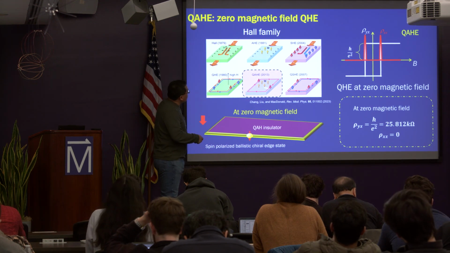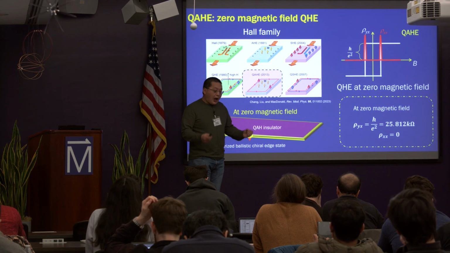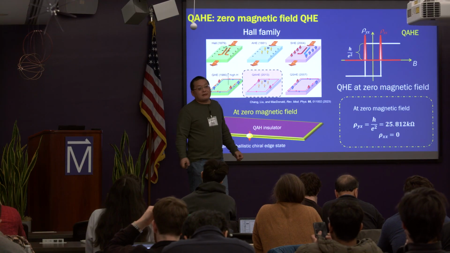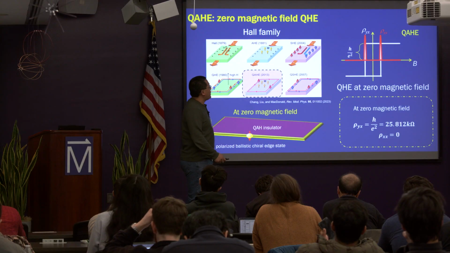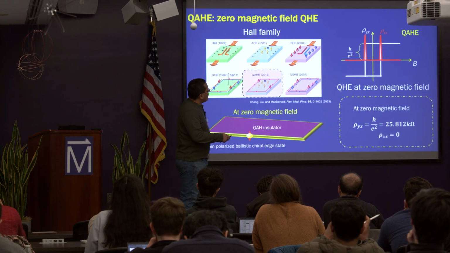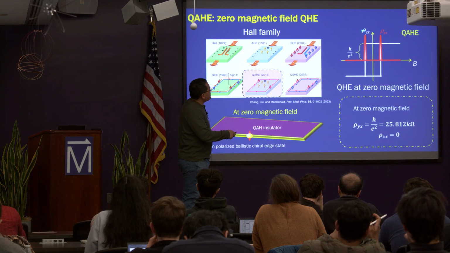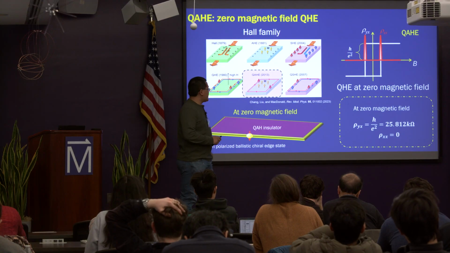Today, in the first half of my talk, I will show you how and why we realize the quantum anomalous Hall effect in magnetically doped topological insulators. In the quantum anomalous Hall effect at zero magnetic field, the Hall resistance is quantized and the longitudinal resistance is vanishing.